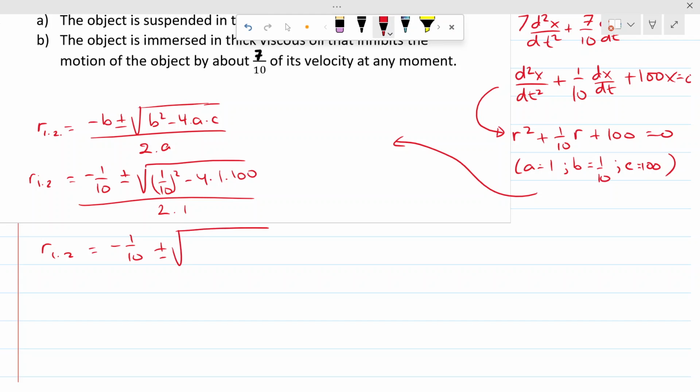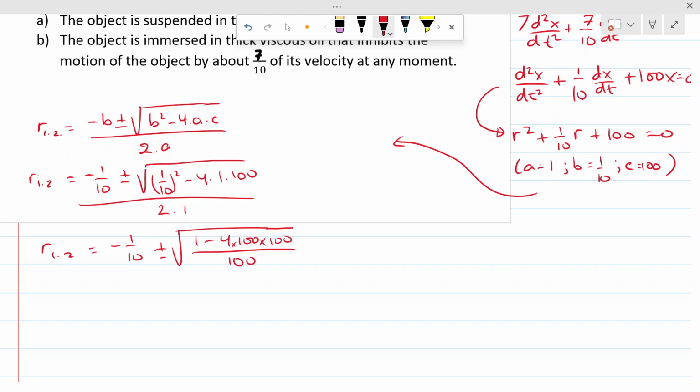Let's simplify the things on the top. 1 over 100 minus 4 times 100 times 100, and we can ignore the 1/100 because it is relatively small compared to 400,000 on the other side.